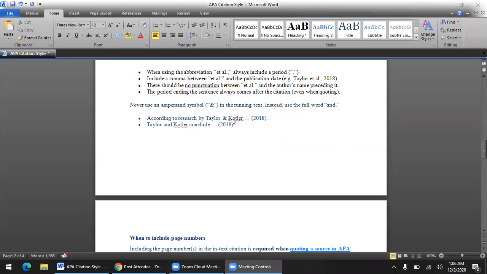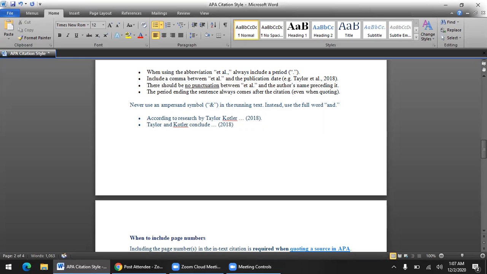According to research by Taylor and Kotler, they did it in 2018. Taylor and Kotler conclude. So at the start of a sentence or in the start of paragraph writing, don't use an ampersand. According to research by Taylor, you will write the full form "and", not the ampersand.